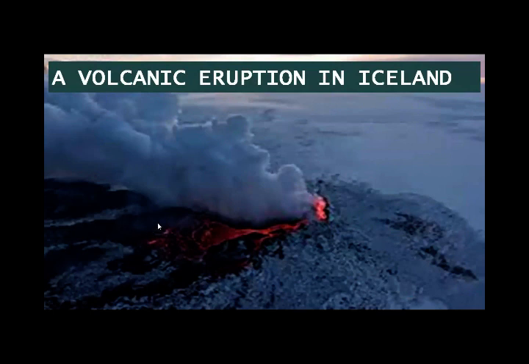Ash damaged aircraft and affected visibility. Hundreds of flights were cancelled and millions of air travelers could not travel for many weeks. So it is the amazing fact present in your book, the volcanic eruption in Iceland.